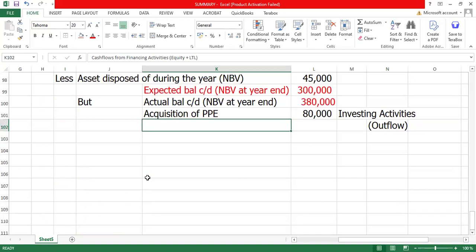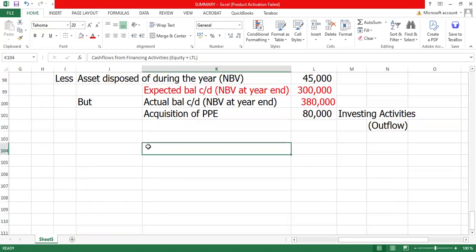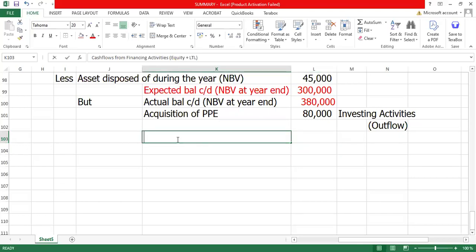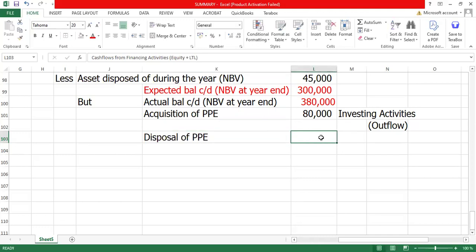Any question? Abel. Yes, please. If our actual balance carried down was lower than the expected balance, you said that we would be disposing of the PPE, right? That will be the disposal, which is a cash inflow under investing.